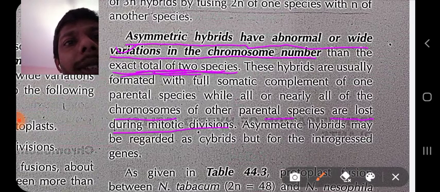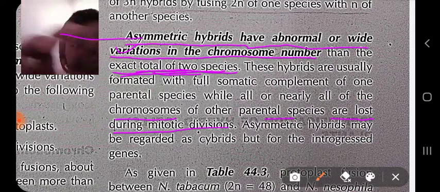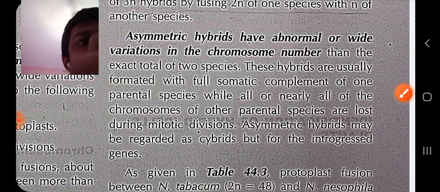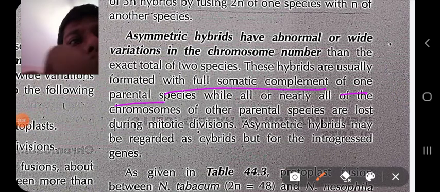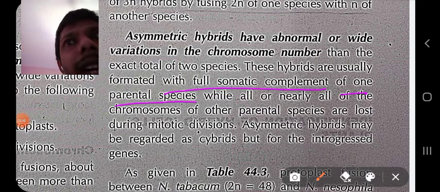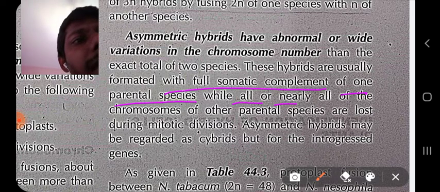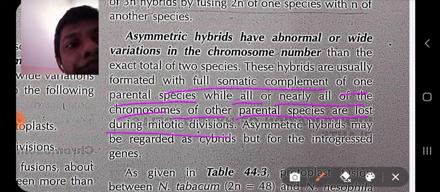These hybrids are usually formed with the full somatic complement of one parental species. That means suppose one of the parental species retains the chromosome number and does not lose its chromosomes, while all or nearly all of the chromosomes of the other parental species may be lost during mitotic divisions.